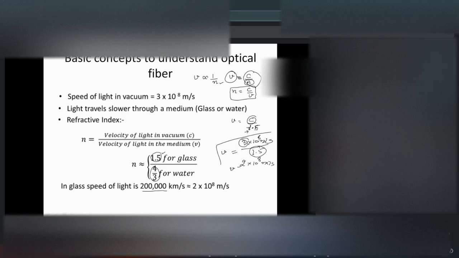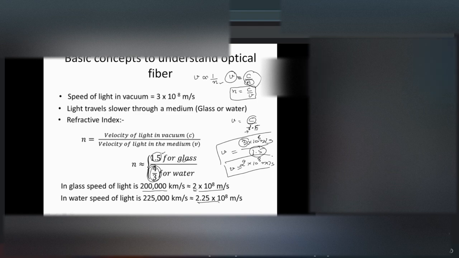So the speed of light in glass, whose refractive index is 1.5, is 2 into 10 raised to the power 8. Then in water, using the refractive index of water, we can calculate that it is 2.25 into 10 raised to the power 8 meters per second.